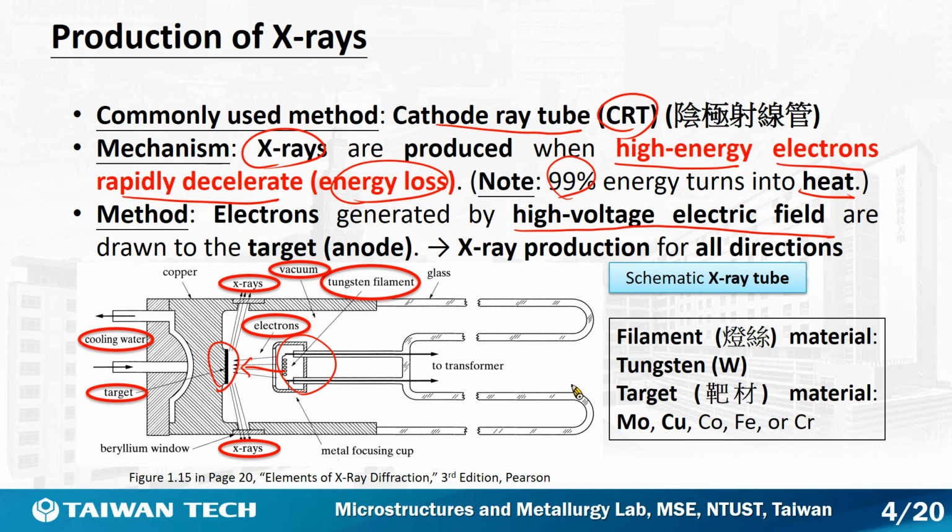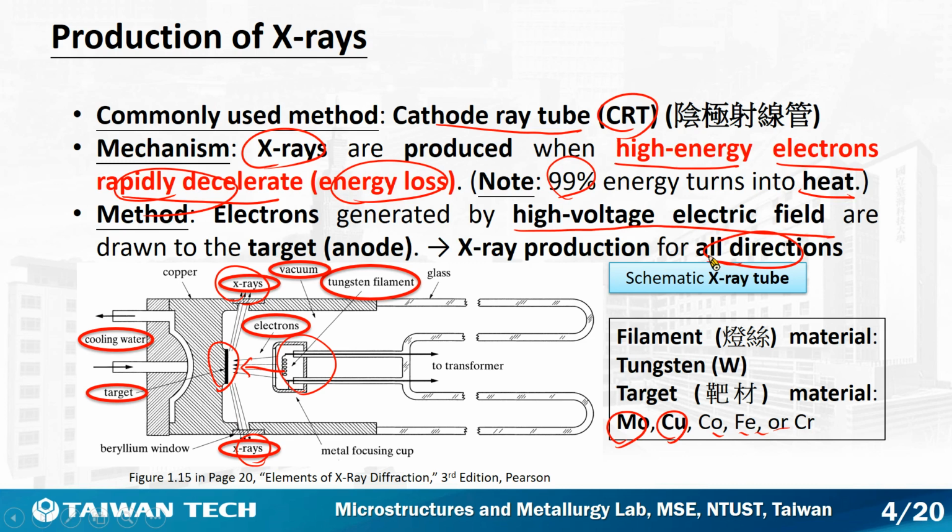Our target material could be molybdenum, copper, and so on. In general, we use molybdenum or copper. Electrons will bombard this target, that is molybdenum, and experience rapid deceleration. The energy loss will become X-ray here. X-ray will be produced in all directions.